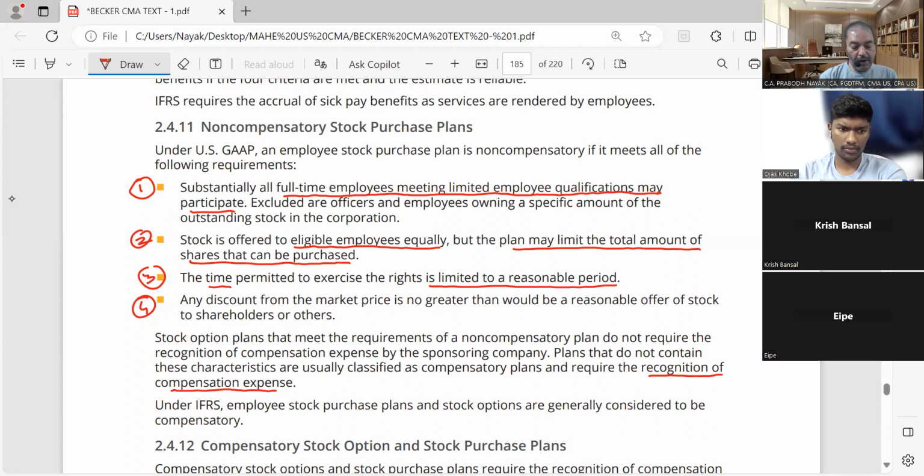What do you mean by compensating expenses? Compensation expenses to be recognized.